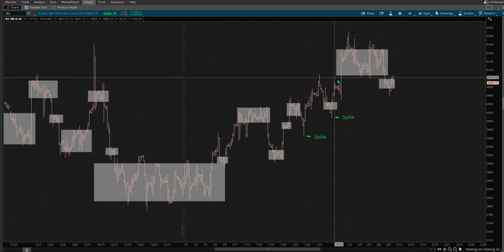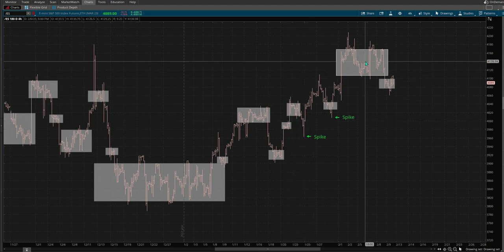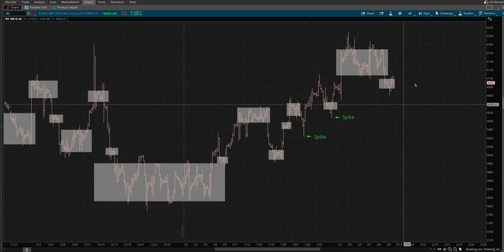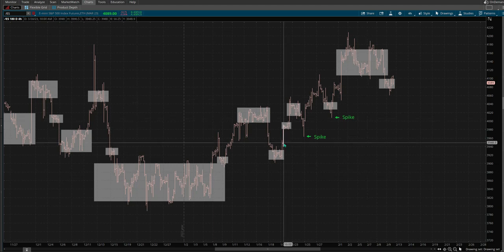Like I said, I use these balance areas a lot. I don't always draw them on my charts, because I like to focus on the short term right here, on whatever is happening, like from this line on, because I'm not really concerned about this here, since it's already happened.